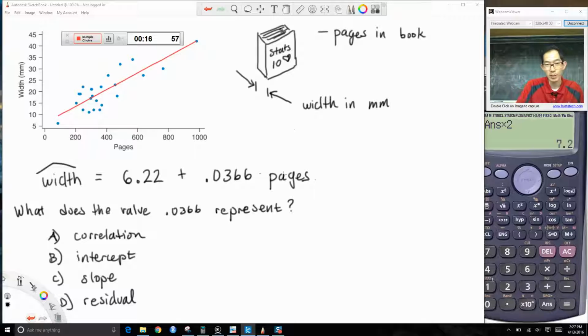This is the equation of the red line, so hopefully that's not unclear.